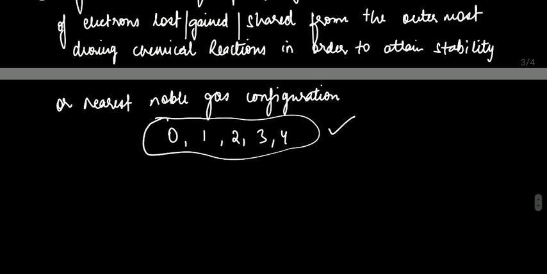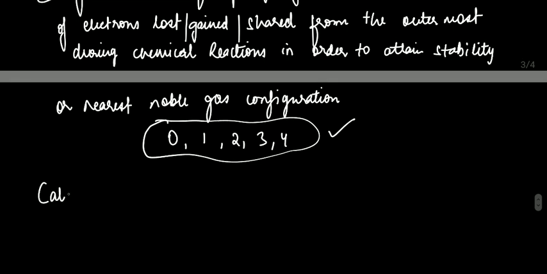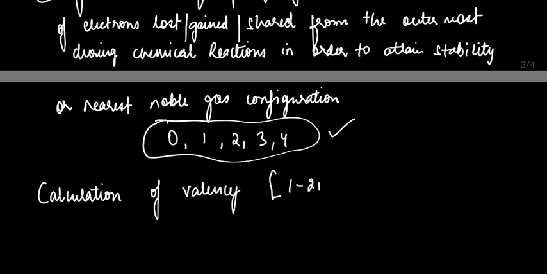Next is calculation of valency. Again, this whole thing is for atomic numbers 1 to 20.